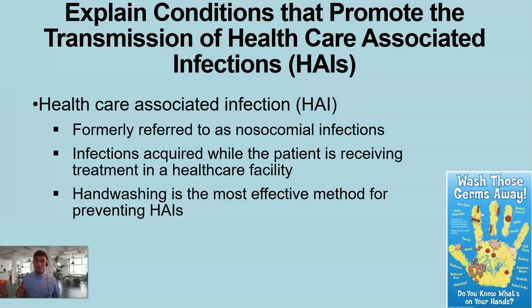These are formerly referred to as nosocomial infections, and these infections are acquired because the patient was receiving care in a healthcare facility. Polite reminder, we keep seeing these visual aids. Washing your hands as the patient and the healthcare provider in synergistic impact is the most effective method for preventing any and every HAI.